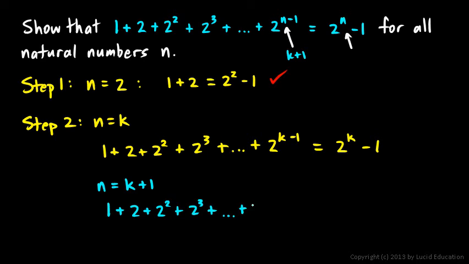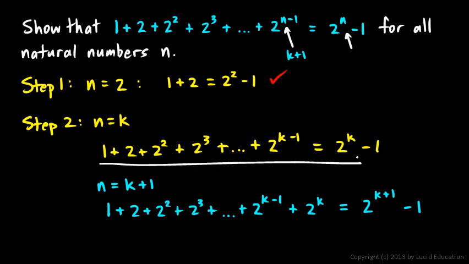So we're going to have a 2 to the power of k minus 1 and then a 2 to the power of k. Now this would be the same if we hadn't written this term right here, but it's going to be helpful to show it. So go ahead and write that in. And then over here we're putting in k plus 1, so this is 2 to the k plus 1 minus 1.